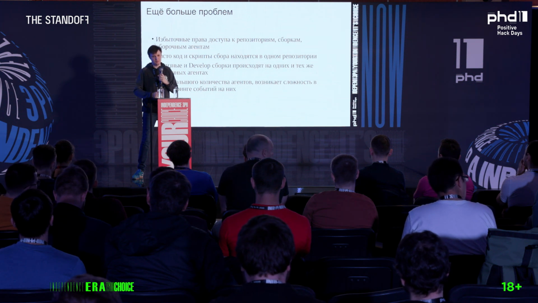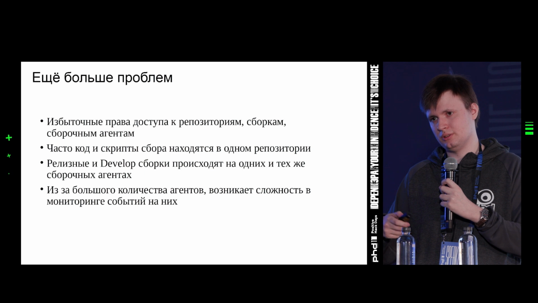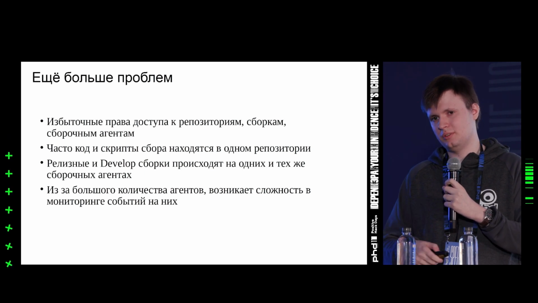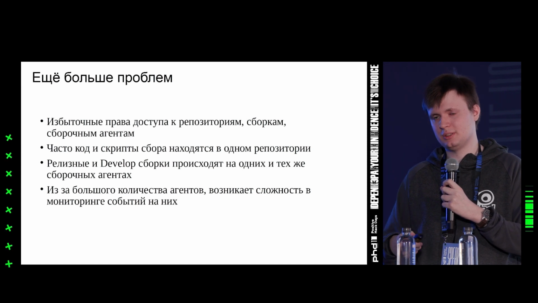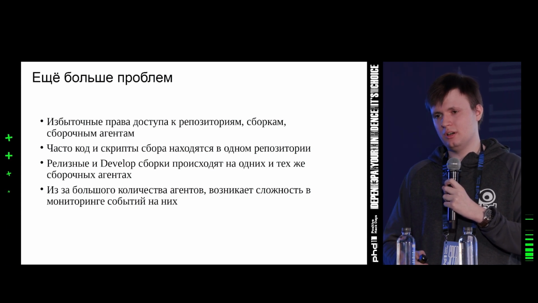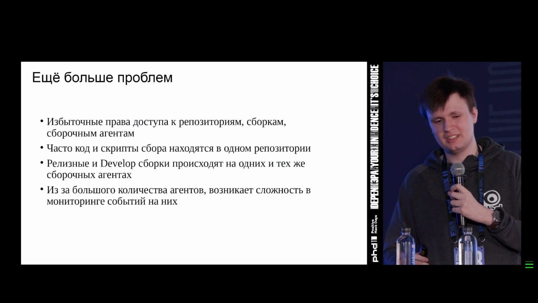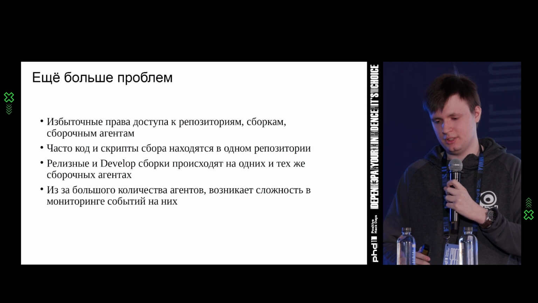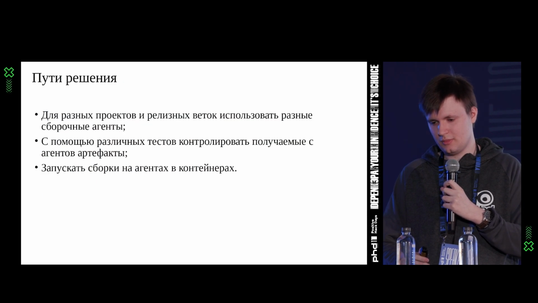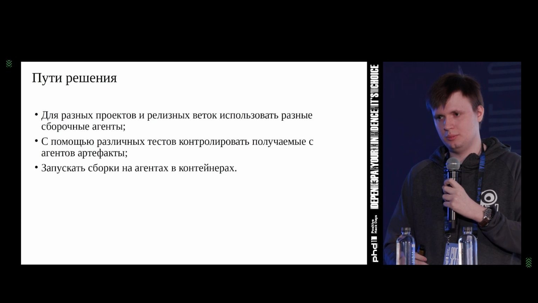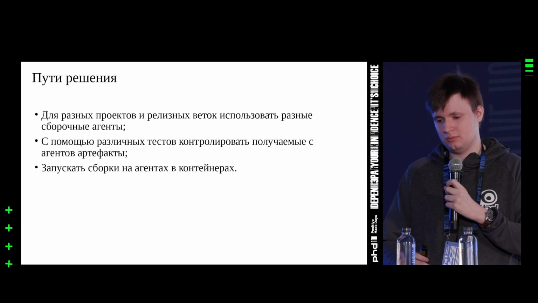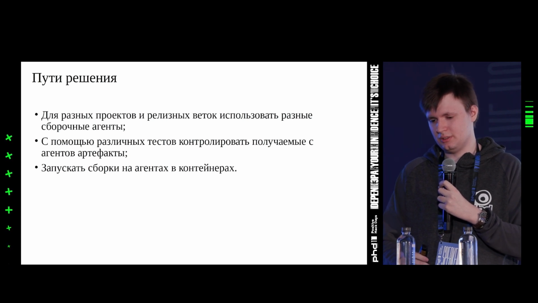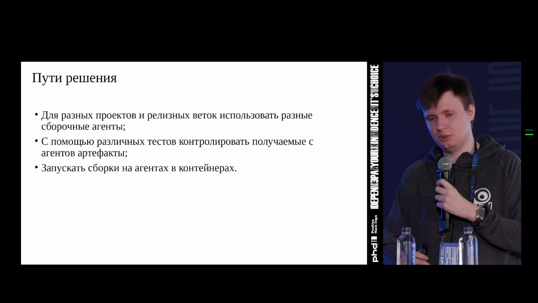If these agents have builds coming from different branches, including from develop and release, then the code can be modified in the release branches, and the artifacts which are built there in the develop branches. So apart from that, you will be able to modify the artifacts from the release branches. Solutions: use different build agents.